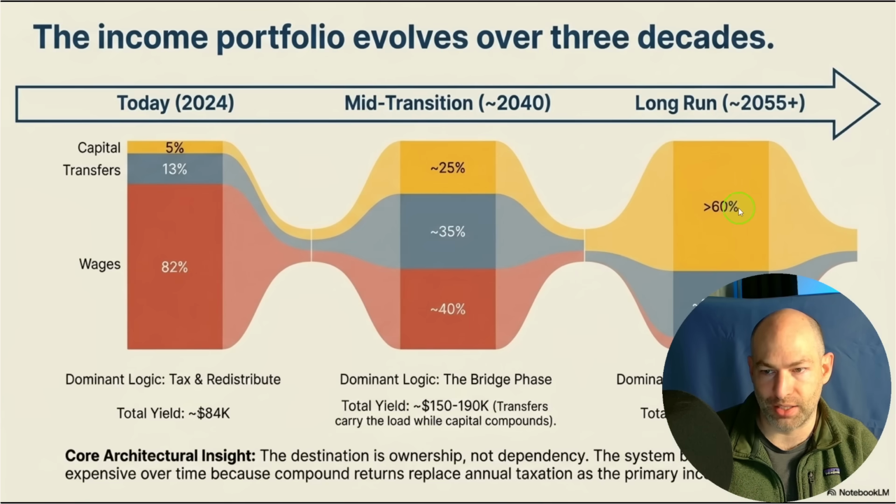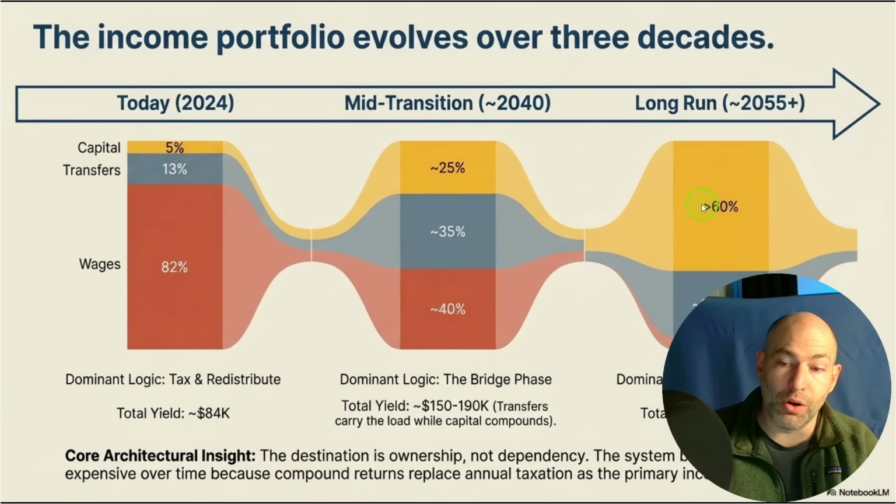That's why I set this to greater than 60%. I don't know if we can actually get there, but if most households are getting most of their money from capital, from all the different kinds of capital that we've talked about, whether it's public capital or private capital, that is going to be much more stable in the long run. And that also means that household income grows with the economy, meaning that your interests are then intrinsically aligned with the interests of the government and the billionaires, because everyone wants the economy to grow.